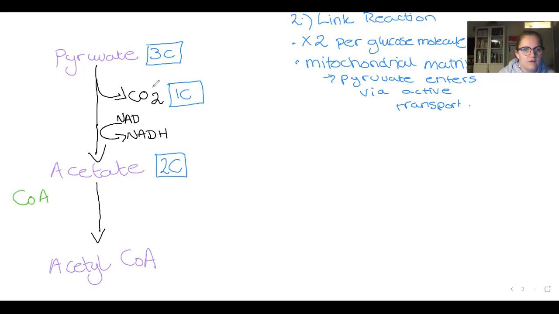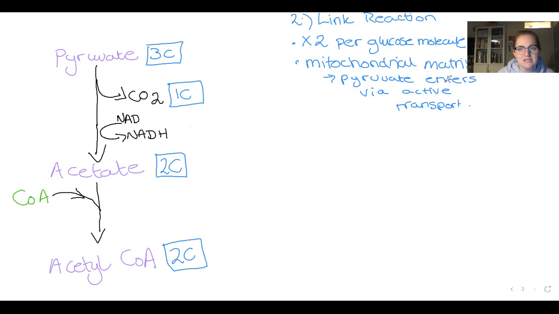Coenzyme A comes in, and we get acetyl coenzyme A being formed. And again, acetyl coenzyme A is a 2-carbon molecule. Really important to remember, this happens twice per glucose molecule, once per pyruvate molecule. It happens in the mitochondrial matrix.